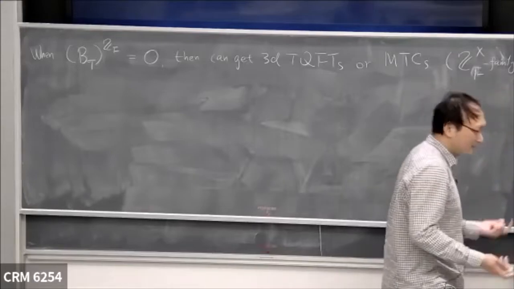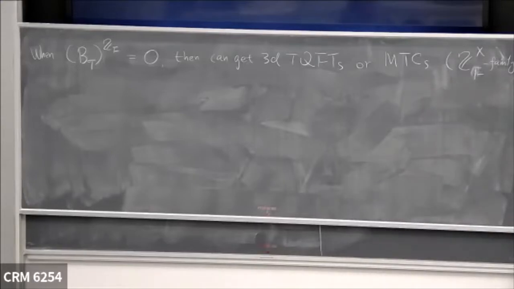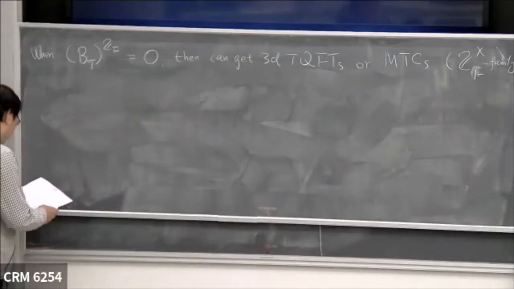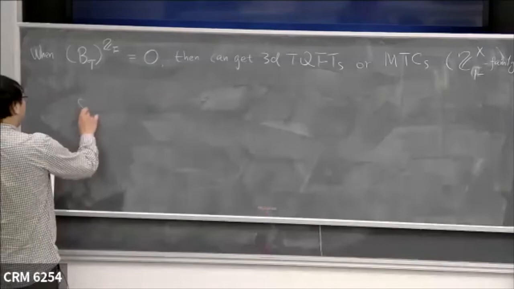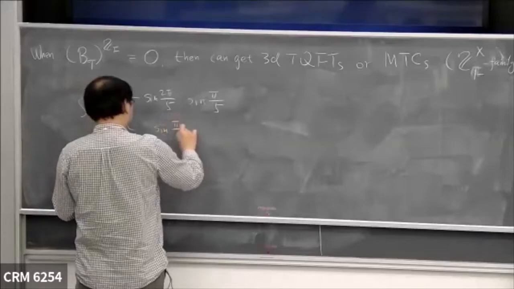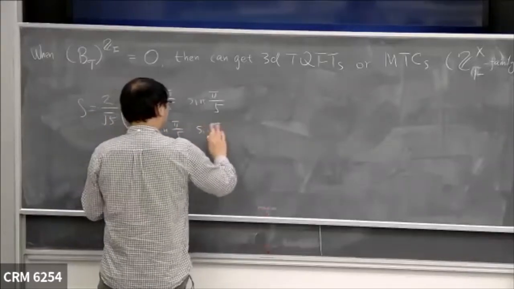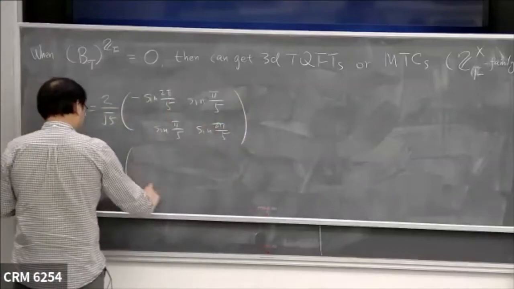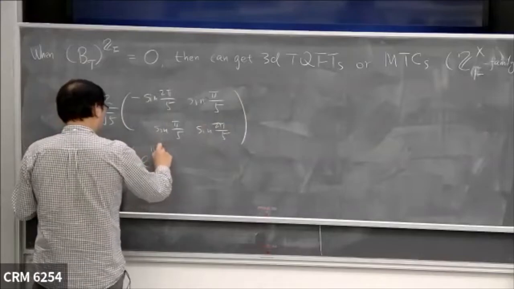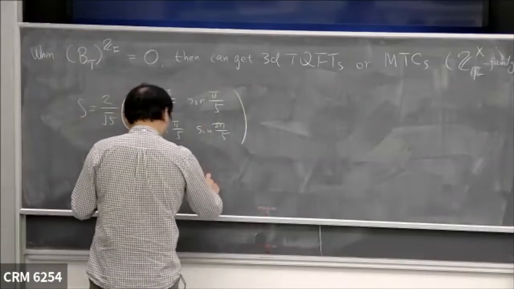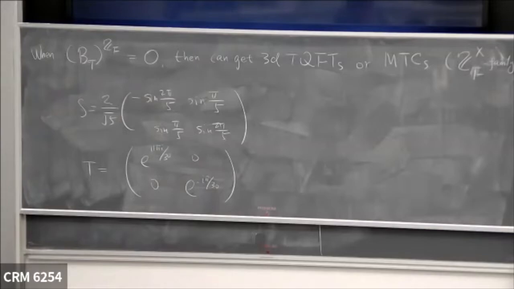So in this case, physically, what you can do is that you do some computation, and then you can find the S and T matrices for the relevant MTC. So in this case, if you compute, you'll find S to be sine pi over 5, sine 2 pi over 5, and then for T, given by exponential of 11 pi i over 30, e to the minus pi i over 30.